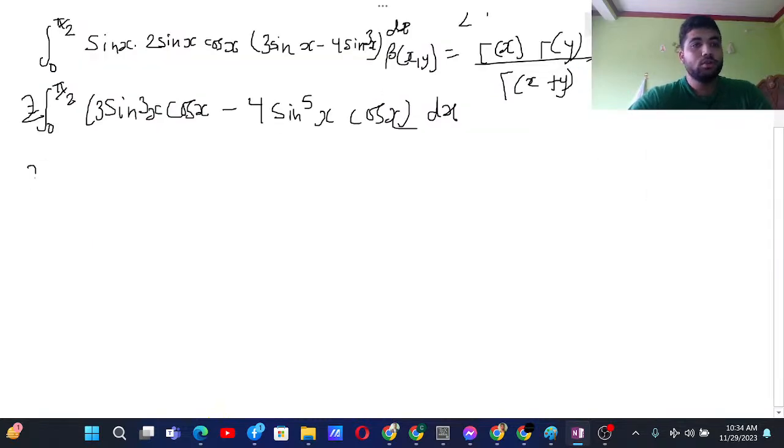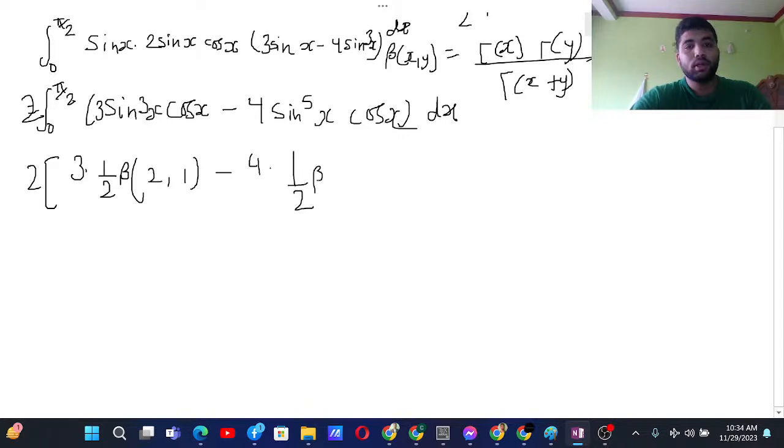So that will be 2 times 3 into 1 by 2 beta of (3 plus 1) by 2, which is 2, and (1 plus 1) by 2, which is 1, minus 4 times 1 by 2 of beta of (5 plus 1) by 2, which is 3, and (1 plus 1) by 2, which is 1.